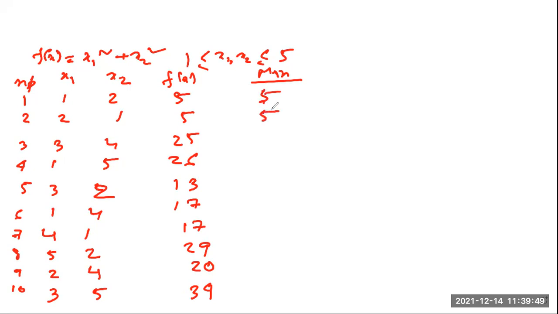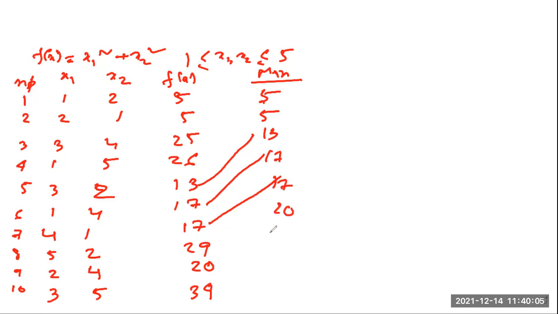So like 5, 5, then which one will come? Then 13 will come, then the two 17s will come. Then your 20 will come.